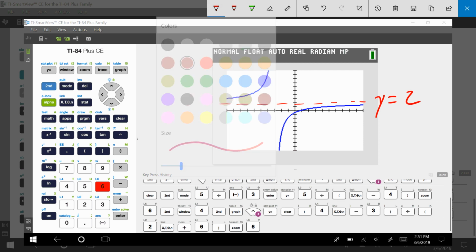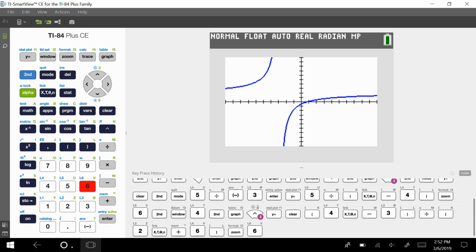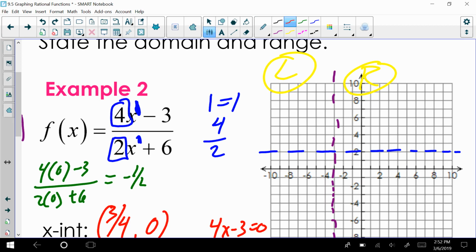What would be the vertical one? Well, it looks like on the graph it's right here. That's at x equals -3. We already did that one, right? If we were to go back and look at ours, we should see those things. Here we already have them. So it does look like it's making sense.